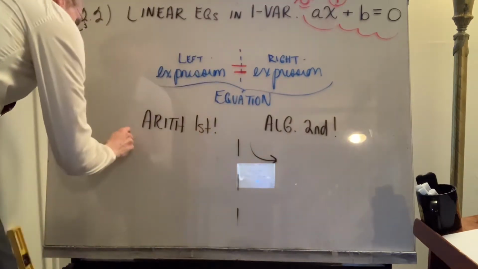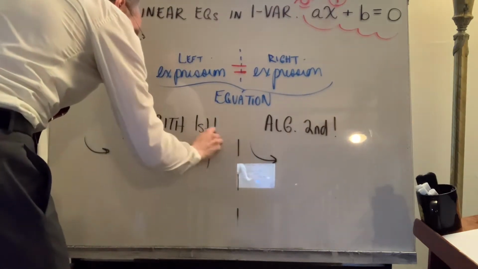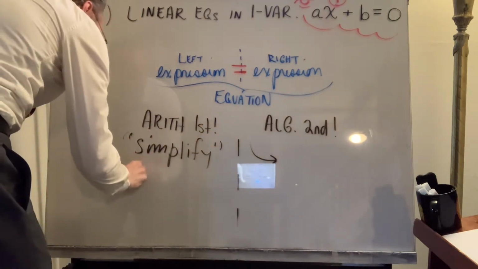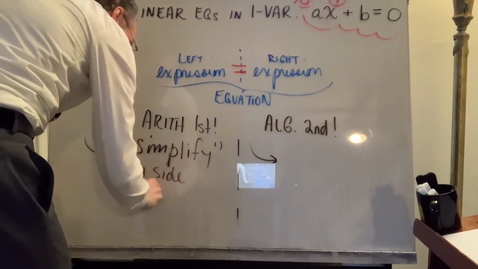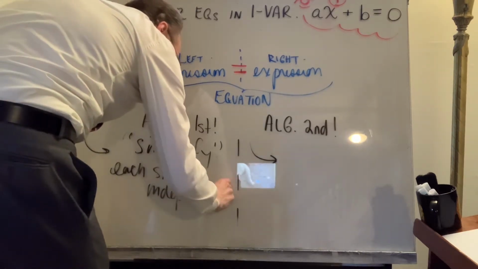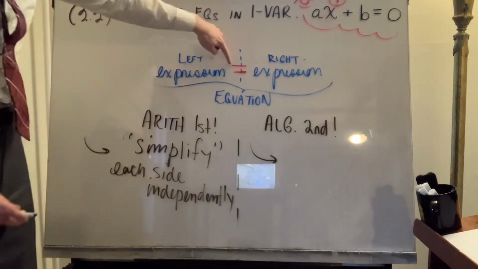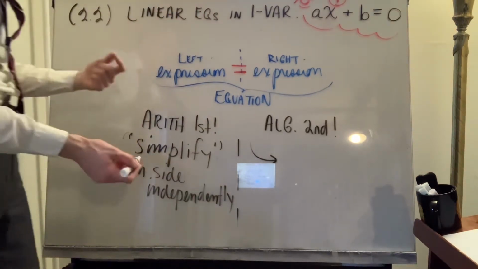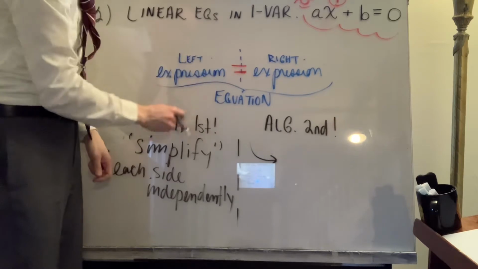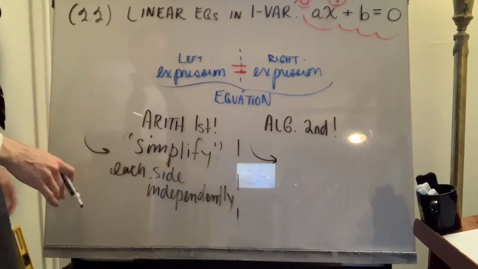Here's how so. You essentially will simplify each side of equals independently. Make sure to do that before you do anything else. Each side of equals independently. Often when I draw these myself, I put a little dash line to make it obvious that there's a left and there's a right. There's two sides that I'm dealing with.